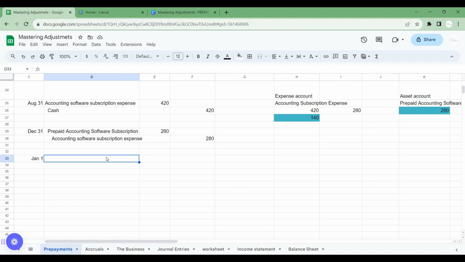So we will debit accounting software expense in the amount of 280, and credit the prepaid account of 280.